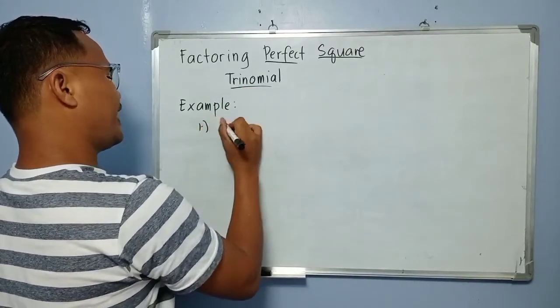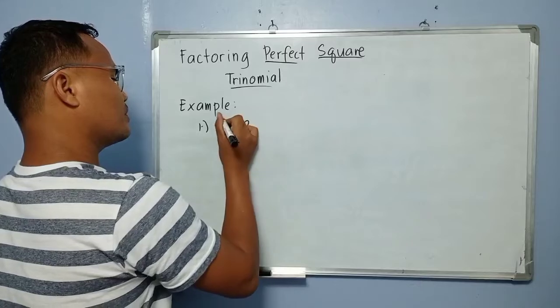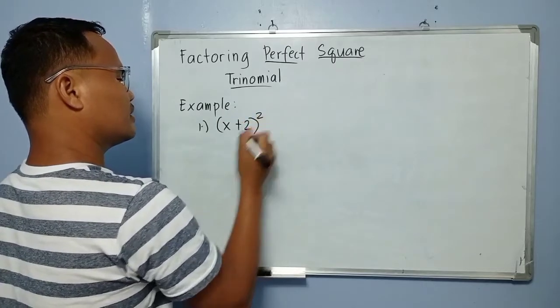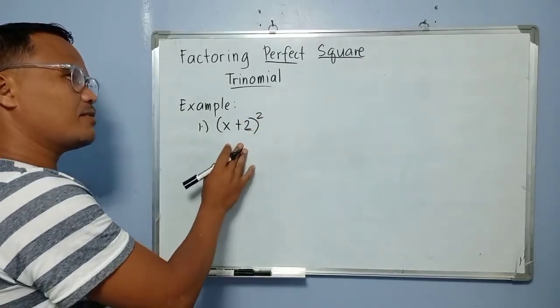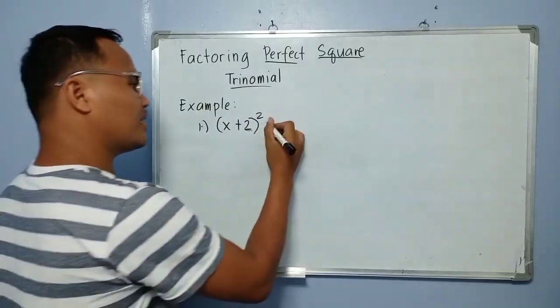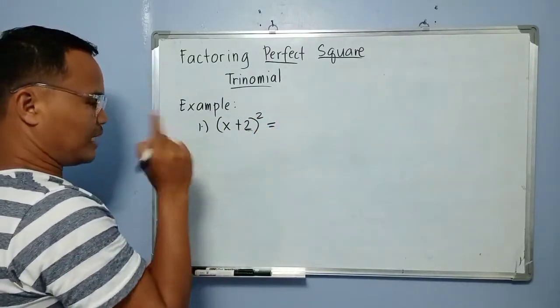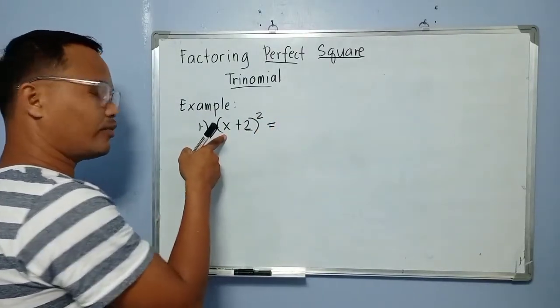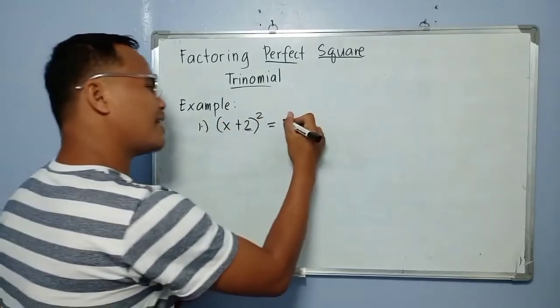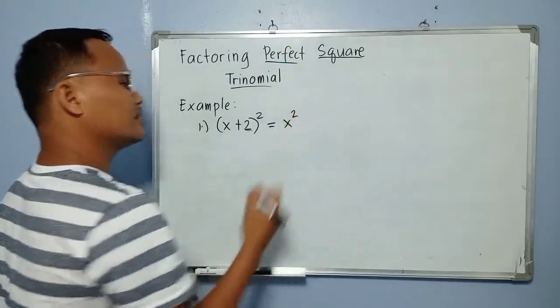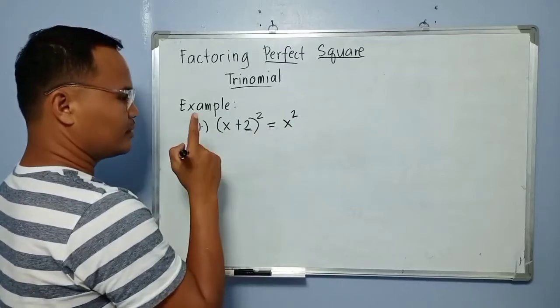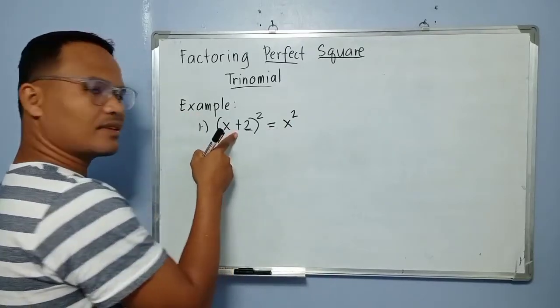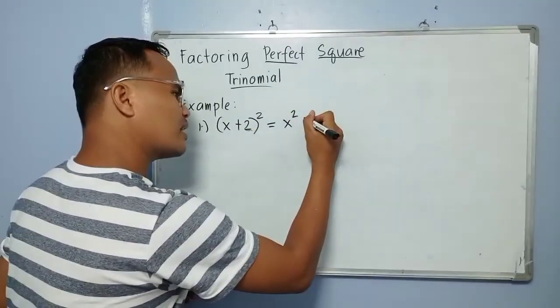Example number 1: x plus 2 quantity squared. If we are going to make this into a perfect square trinomial, first square the first term. Our first term here is x, so we have x squared. Since the operation here is plus, we write plus.